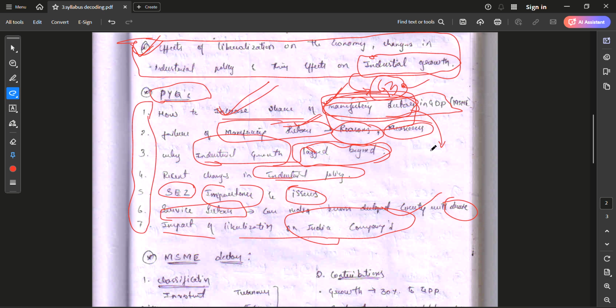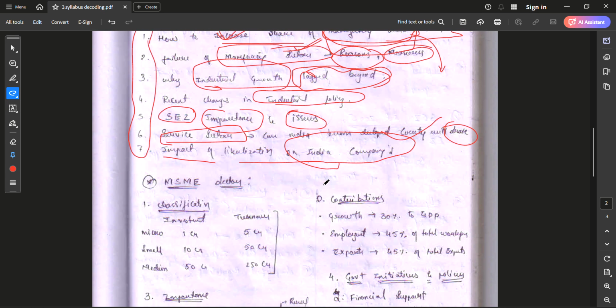I already told you about all-round. All-round in the sense you should cover the merits, demerits, and also provide some suggestions, think of an introduction, and also write the conclusion. You should bring the recent changes in the industrial policy and the recent current affairs, everything under one roof.